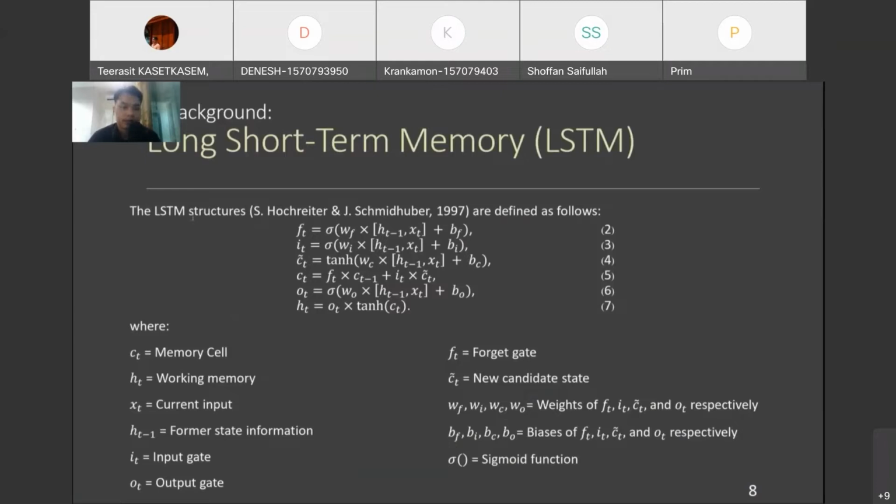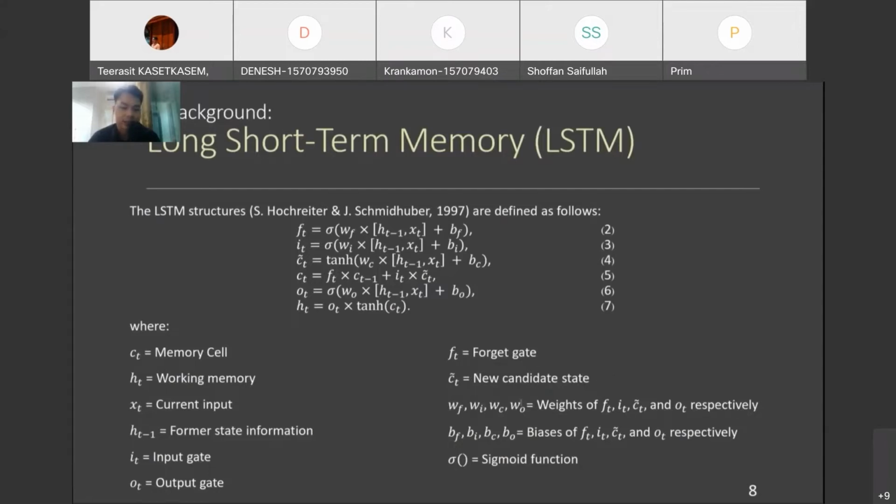And in our proposed method, we will include the long short-term memory into the framework. So the LSTM structure is defined by the following equations here, where Ct is the memory cell, ht is the working memory, xt is the current input, st-1 is the former state information, it is the input gate, ot is the output gate, ft is the forget gate, and C̃t is the new candidate state.